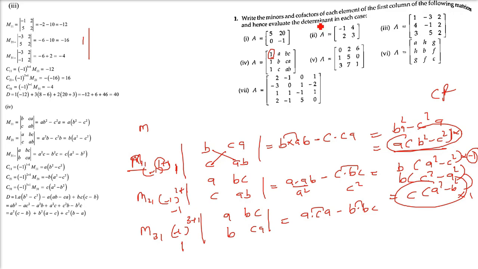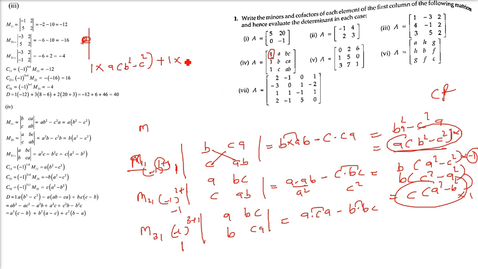In the normal way, you have to do minus, plus like that. But with the cofactor, because the sign has already been taken care of, just multiply 1 by the cofactor: a into b square minus c square, then plus, don't worry about the sign, don't make it negative, plus 1 into b into c square minus a square.